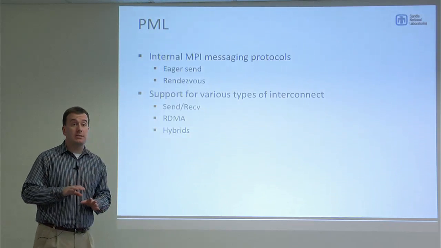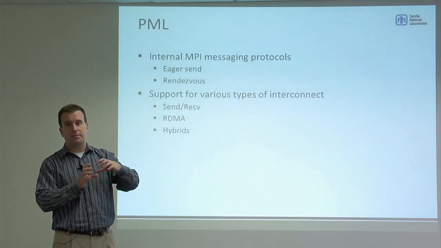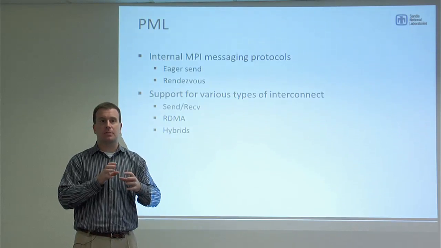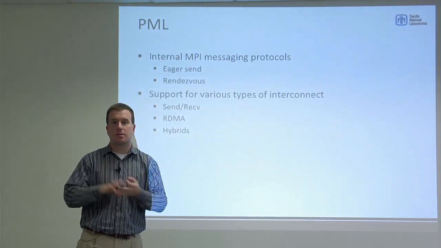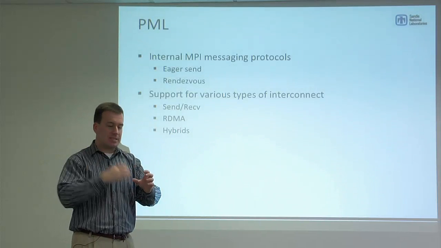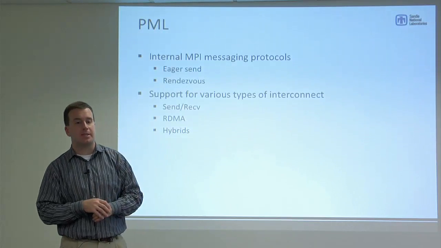Basically an eager send. So for below a certain threshold, we're just going to cram all of the structure that we need to describe the message, the matching logic, right? The tag, the source, the communicator ID. We're going to pack that into the top of a buffer and then pack the data on and slam it over to the other side, and it's going to do something with that.